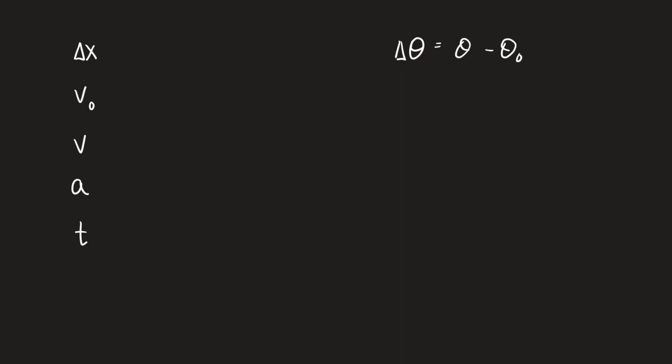So I'll have final direction that it faces, final angle, minus initial angle. This stood for initial velocity. And this is usually the velocity of our interval, so final velocity.